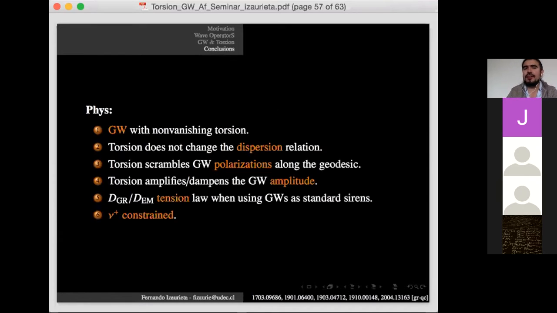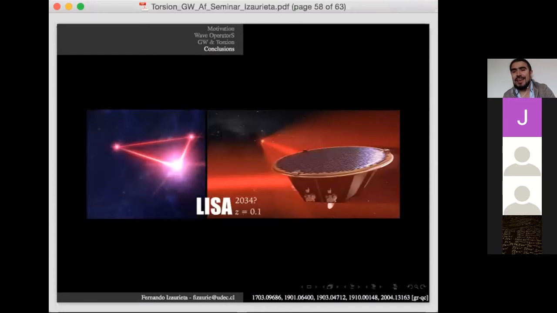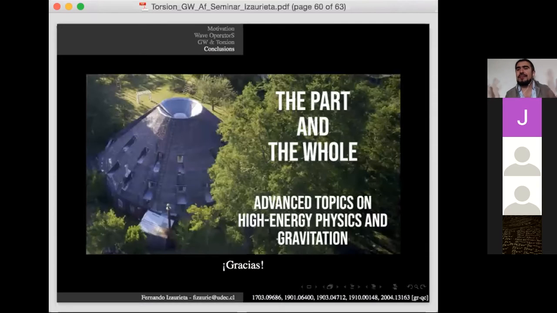And on the side of physics, we can see that a background of torsion in general, I have shown this for the simplest theory but it is a general result, will scramble the propagation of the polarization of a gravitational wave and will amplify or dampen the propagation of a gravitational wave amplitude. So, I am hoping that with LISA we will be able to measure this kind of effect. And thank you very much.